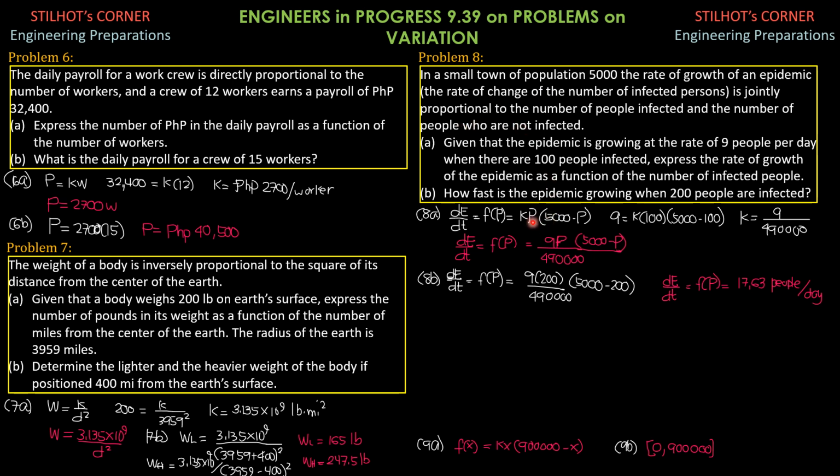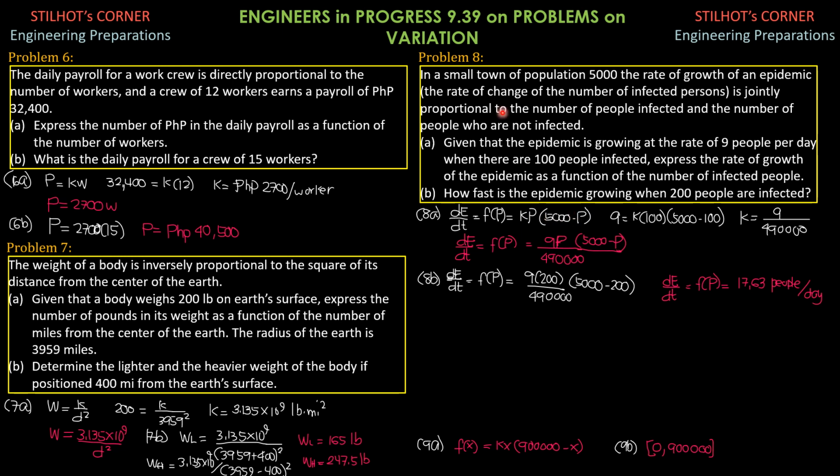So P is the number of people infected, and since the population is 5,000, the number of people who are not infected would be total population 5,000 minus the number of people infected P. So that's the formula.